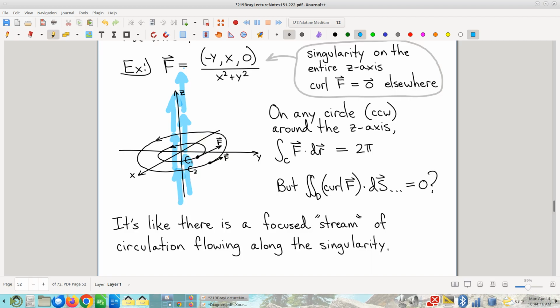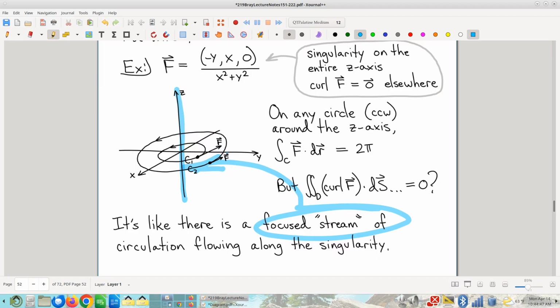There's always got to be some sort of dimension to the fluid. If you were to allow yourself to imagine a focused stream, except it's like a lump. It's just that this is a one-dimensional lump, and so I'm going to call it a focused stream of circulation. It's kind of like circulation density, but it's a lump of it across this wire. A little bit of a weird way to think about it.